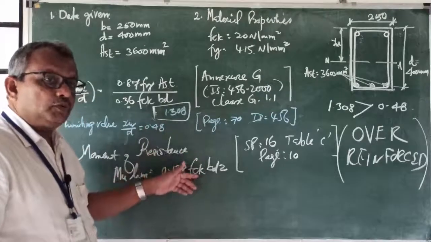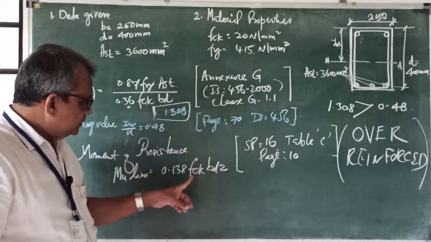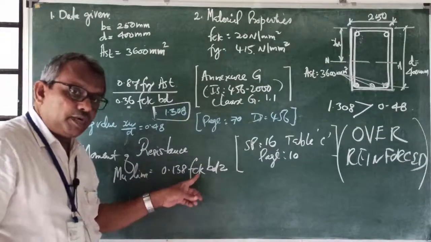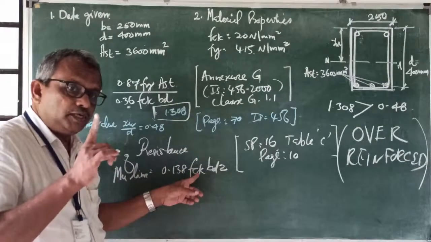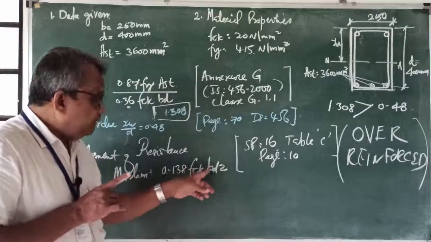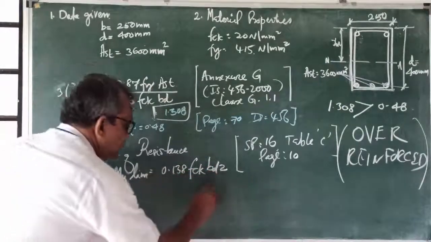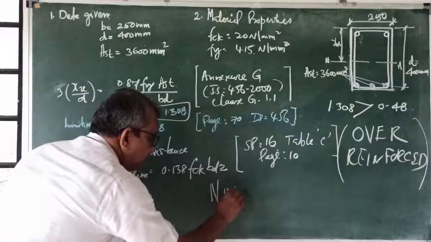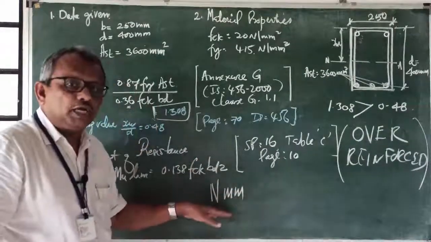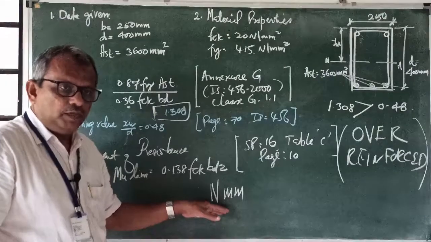First you will get it in Newton mm, because fck 20 is in Newton per mm squared. The unit of force is in Newton and distance in mm. b is in mm, 250. Depth also in mm. So first you will get it as Newton mm. Then you can convert into kilonewton meters. You know how to convert it?